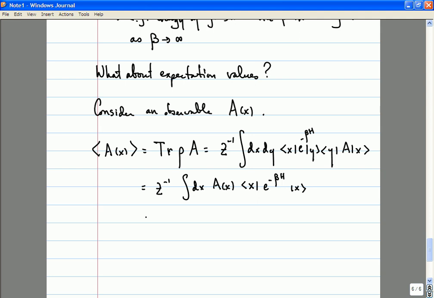And we see that this is exactly the same sort of path integral that we considered before, but now with an insertion. So that integral dx A of x times the diagonal element of the Euclidean time evolution operator, e to the minus beta H. What is that? That's an integral over all paths, which are periodic in Euclidean time.